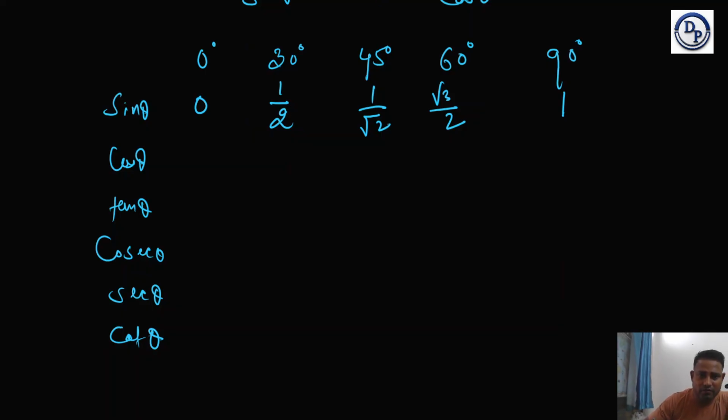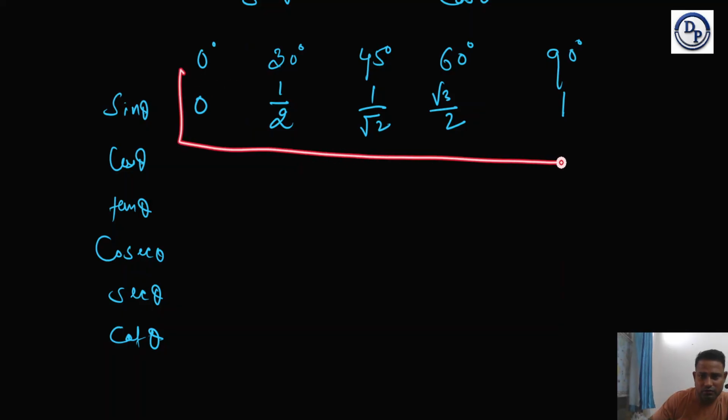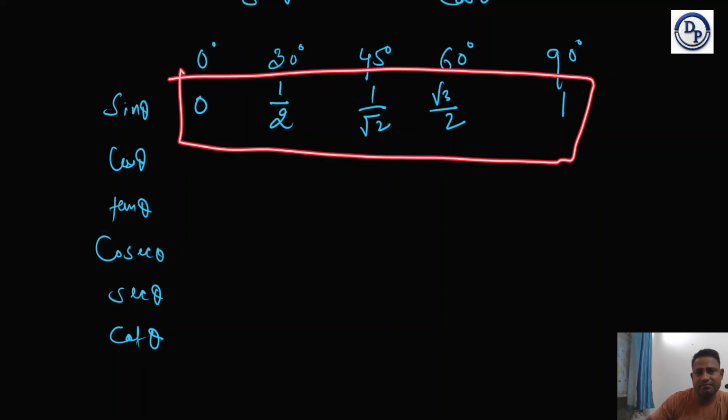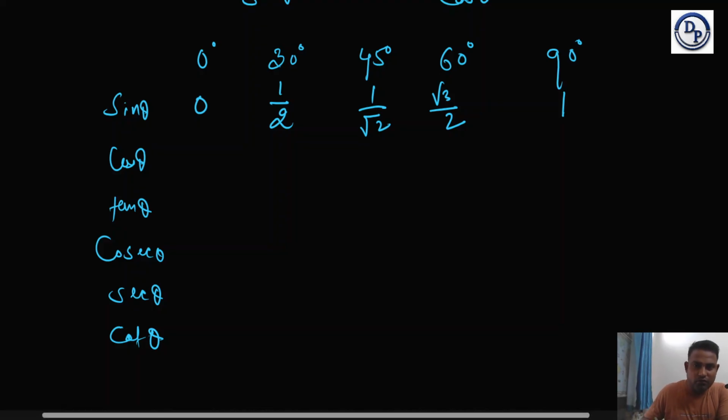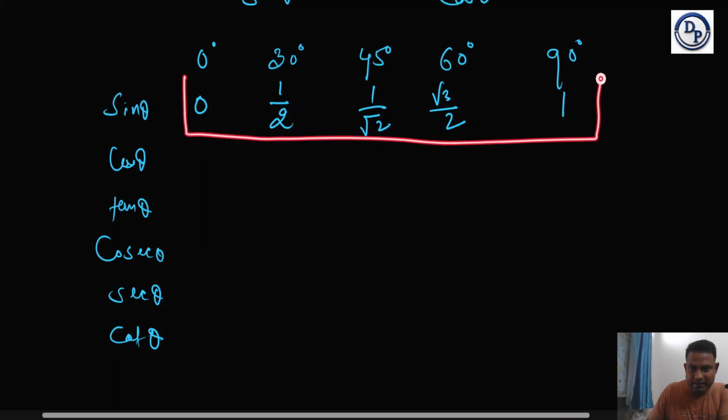To find the cos theta, what we do simply is take this complete row of sine values and turn it around.